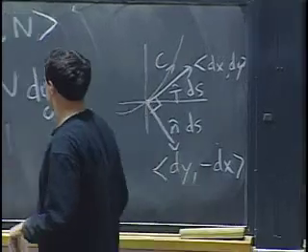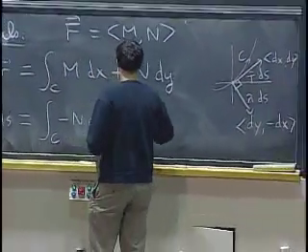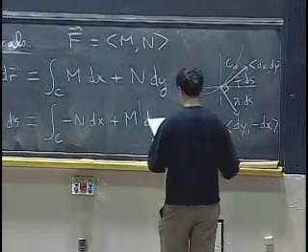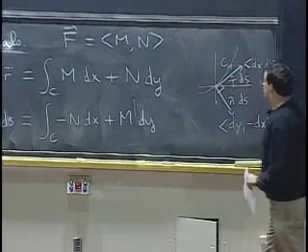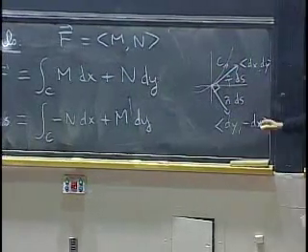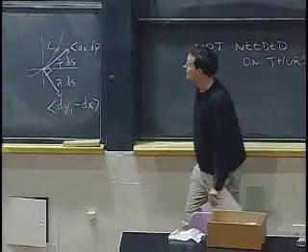So you will be integrating negative N dx plus M dy. Okay? If you are blanking and don't remember the signs, you can just draw this picture and make sure that you get it right.